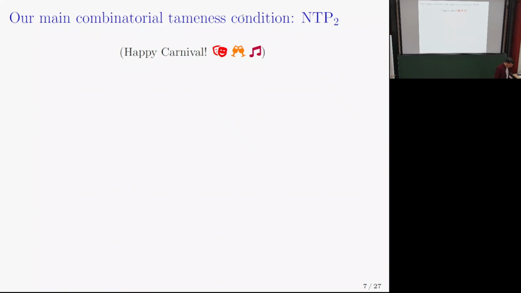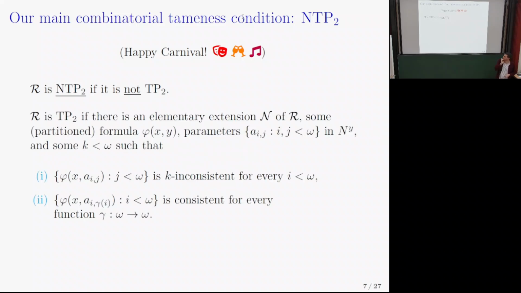Okay, NTP2. So what is this definition? It's kind of a shame Artem is not here today because he's the one that I would say started the systematic study of these structures, like in the paper from 2014. The definition, as I mentioned before, is combinatorial, and it goes as follows. A structure is NTP2 if it does not have what's called the tree property of the second kind. And what is this?